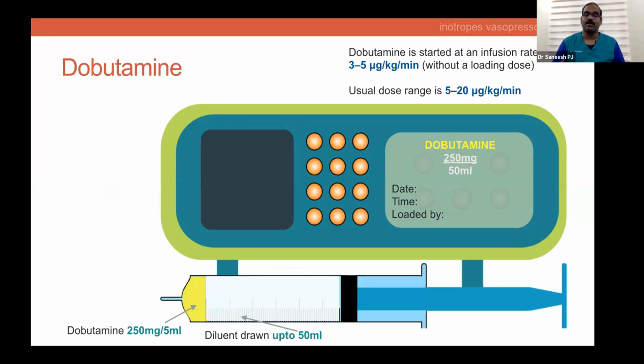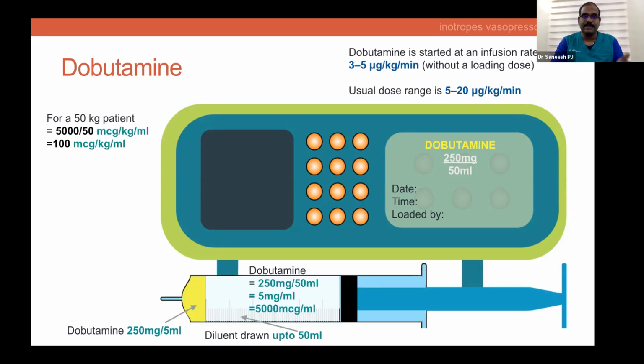So diluent is drawn to make the total volume 50 ml. Follow? So now we have 250 milligrams of the drug dobutamine in 50 ml. Solving it, we get 5 milligrams per ml. That is 5,000 micrograms per ml. That is the strength of the diluted dobutamine.